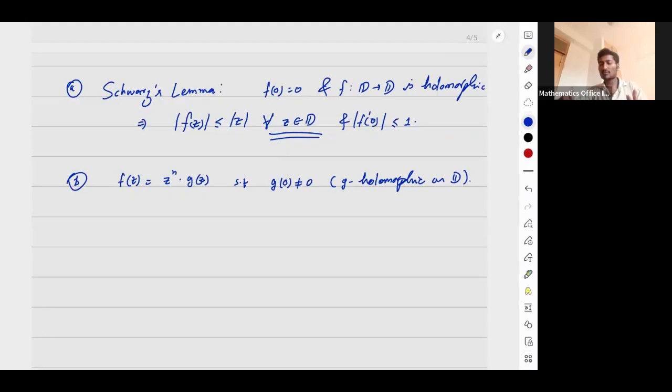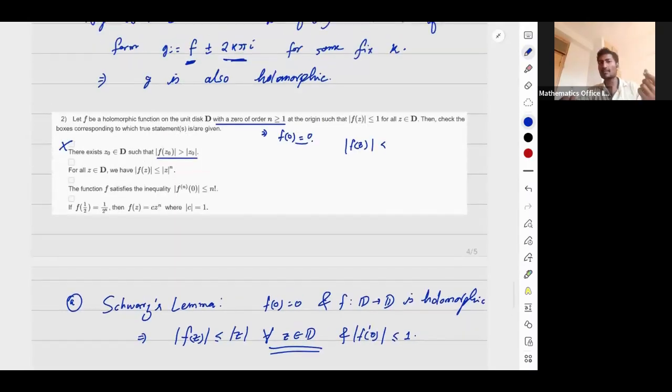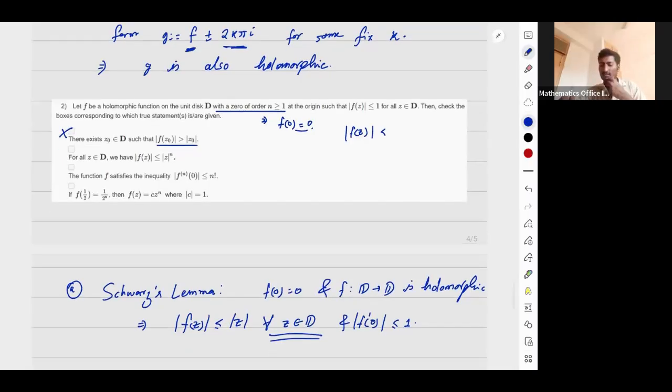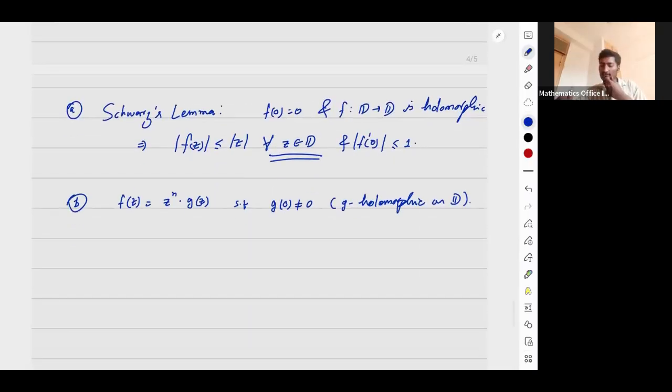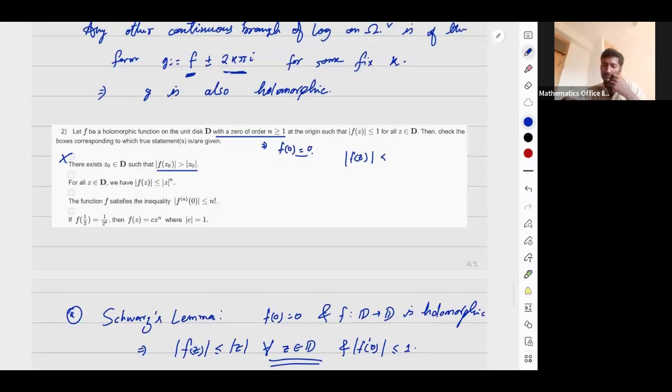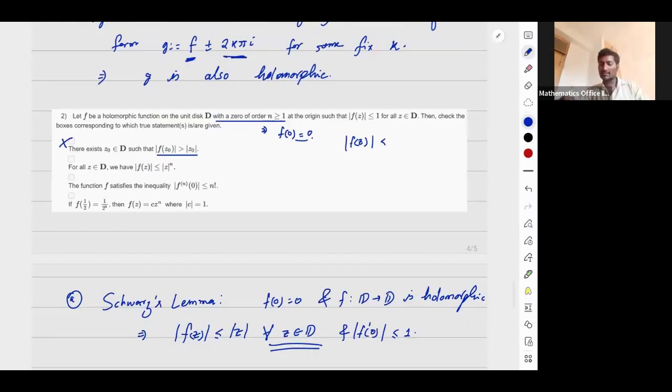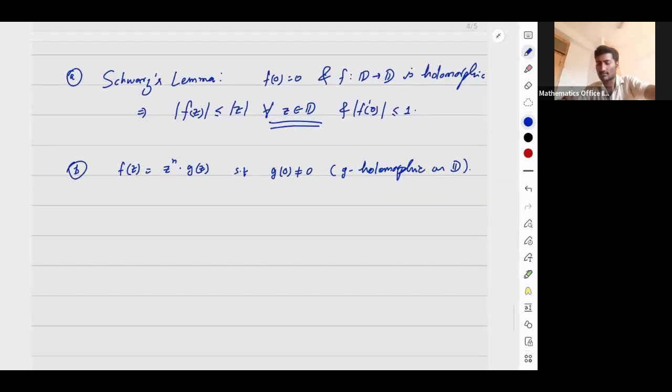Modulus of f is bounded by 1 because they are sending unit disk to unit disk. What can we see from here? We have to show the relation between modulus of f and modulus of z to the power n.